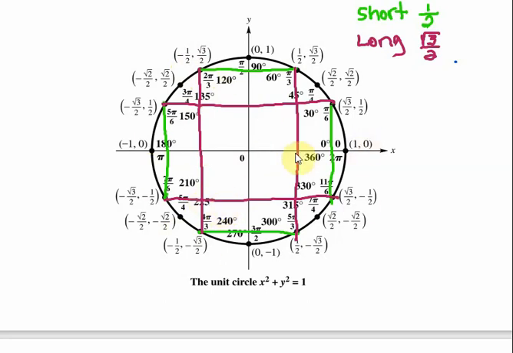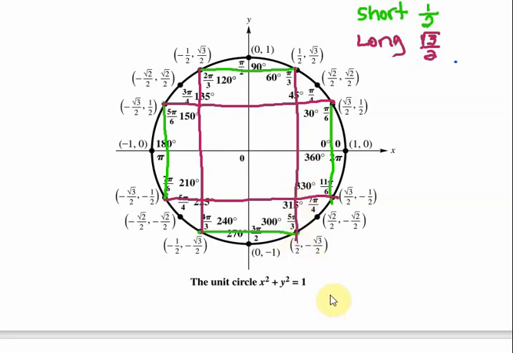The short distance is 1/2, the long distance is square root of 3 over 2. Let's just jump down to this one right here. Okay, so to get to this point, we would go x and then y. My x is short, so my x, and it's going to the right, is positive 1/2. But my y value is long, and it's going down, so it's negative square root of 3 over 2.